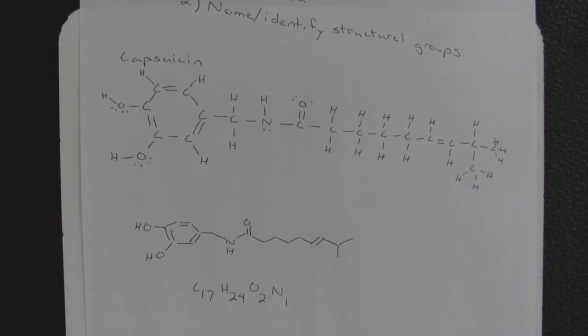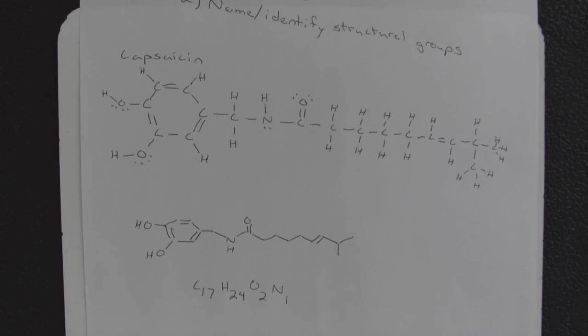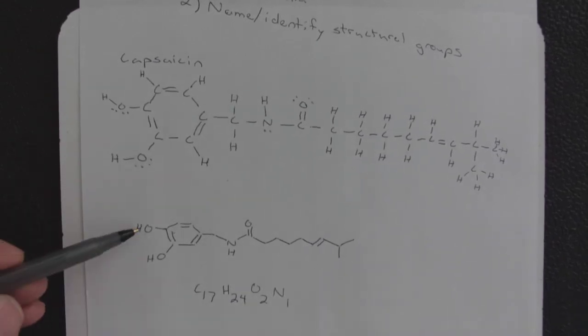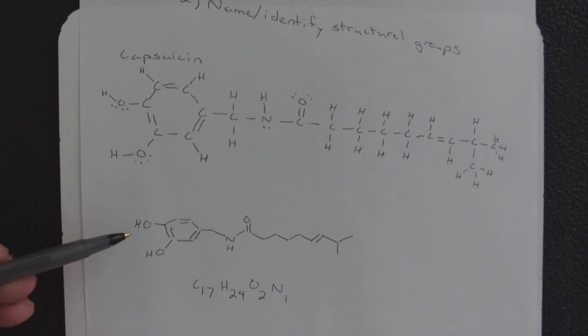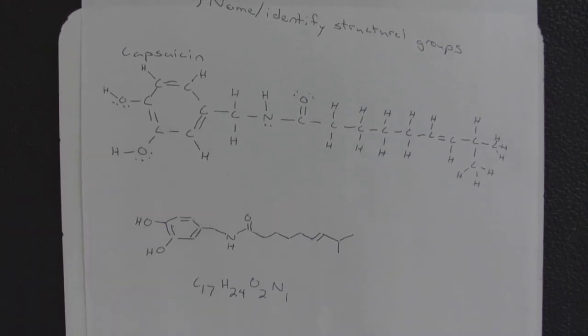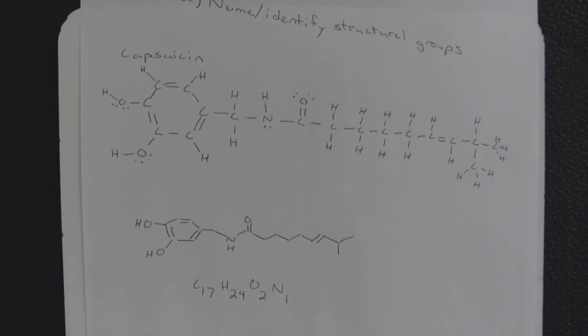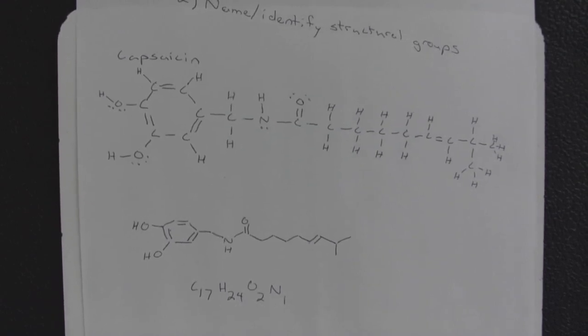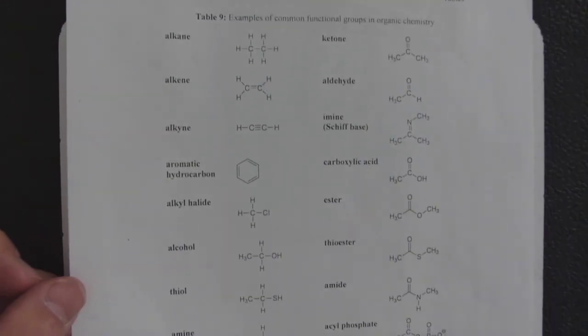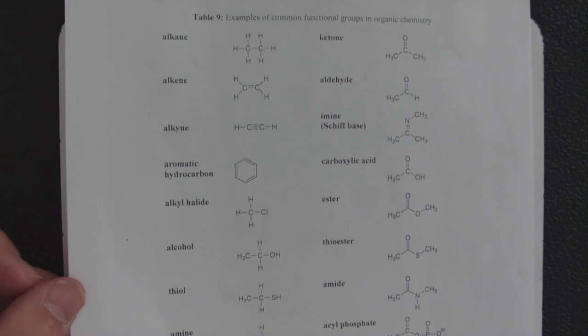Okay, so the first thing that we want to do is identify what those functional groups are. It's much easier in my mind to deal with our smaller skeletal structure here and try to identify our functional groups on that skeletal structure. There's a couple of different things for us to do. One, I have a sheet for you guys.